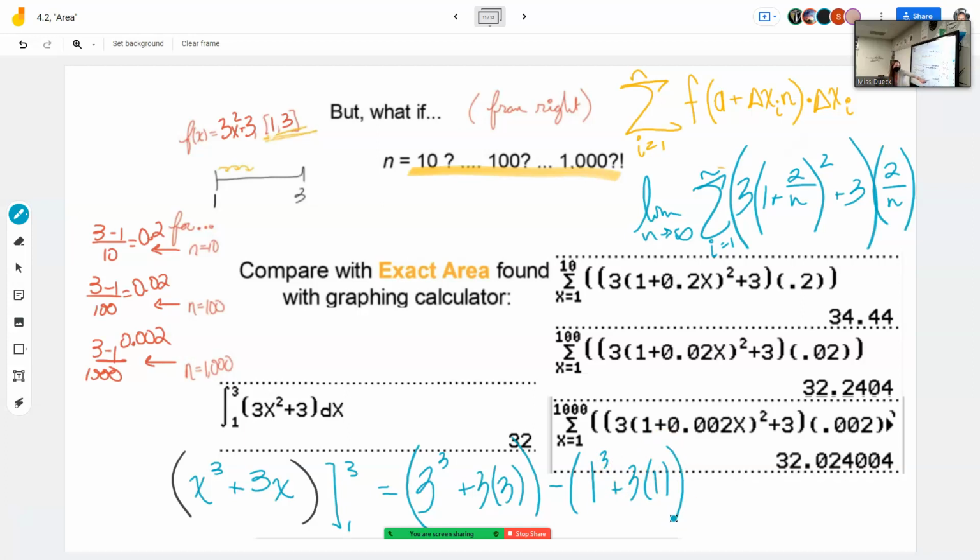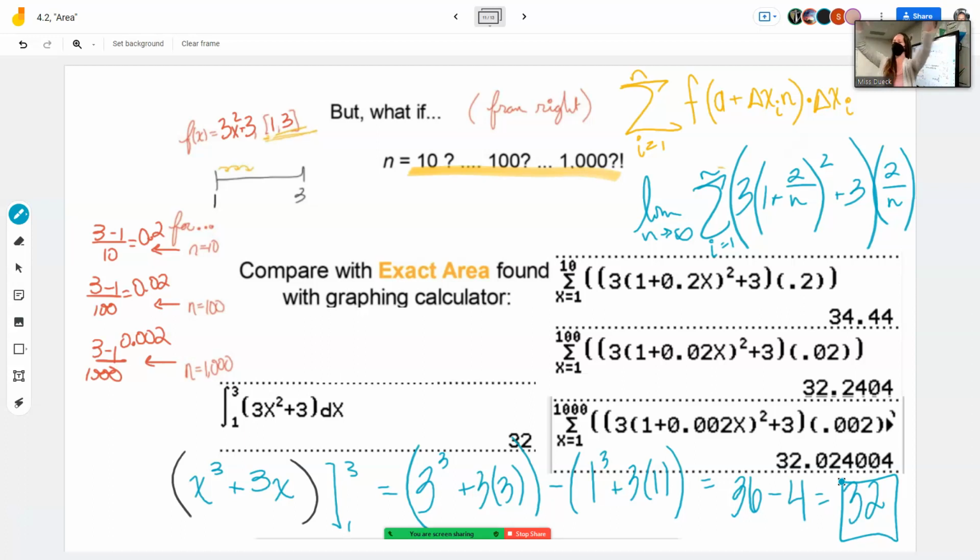If you plug in that guy, minus, big fat minus, plug in that guy. 27 plus 9 is 36. 36 minus 4 is 32. You have just seen your first definite integral solved by hand.